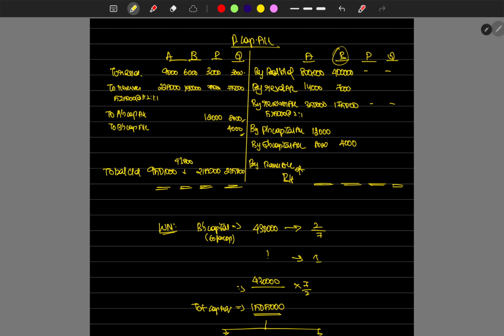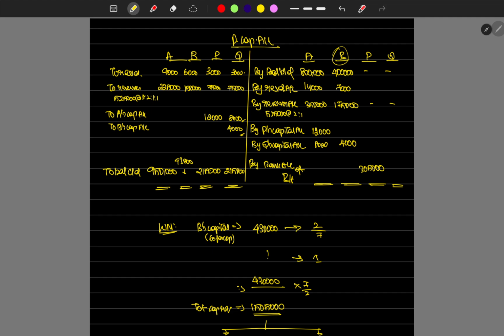Then what's the balancing figure for P and Q? We don't have any balance, so whatever the total of this amount is, they have to bring that amount. So that would be the balancing figure, right? So 3,000 plus 75,000 plus 12,000 plus 2,15,000 should be 3,05,000 as the balancing figure.